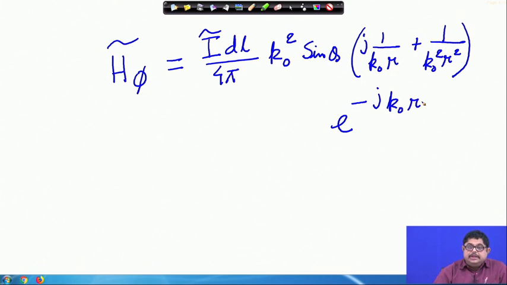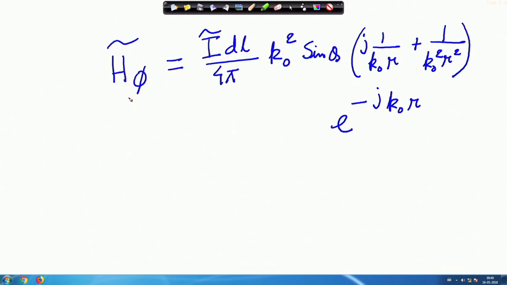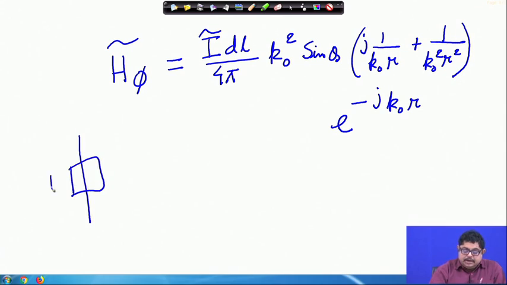So, from this it is easy. Actually there are two routes: one is from the vector potential itself you can find it, but also if I put it into Maxwell's equation, because now I know H, there is a curl of H, and the right side will be E. So, that equation, which is Ampere's law or Maxwell's second equation, if we put that, and also noting that this is the antenna ideal and this is the field point P. So, here there is no current, current is here.